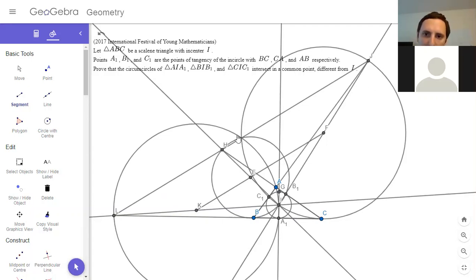And this implies that the centers are collinear, hence they have to be concurrent at some other point. Hold on a second. Since the centers of all three are collinear and they all pass through I, they have to concur at another point by symmetry.